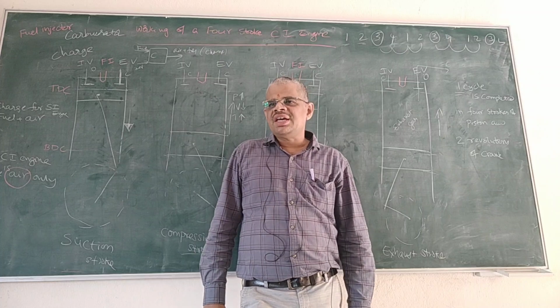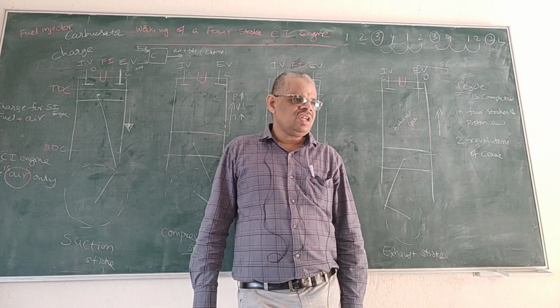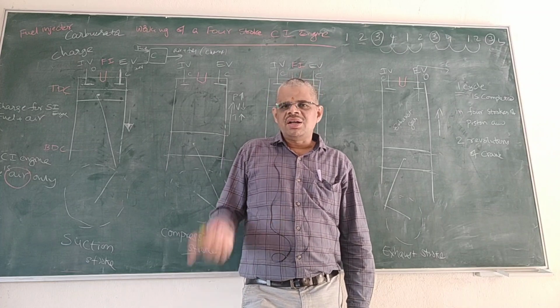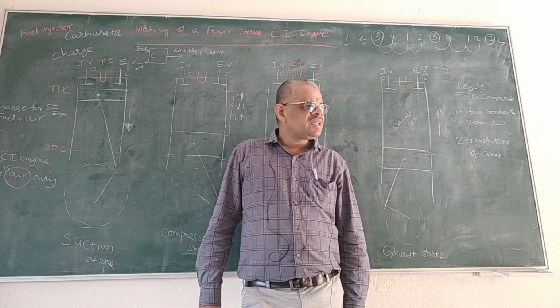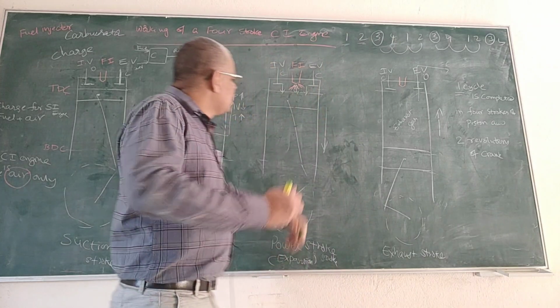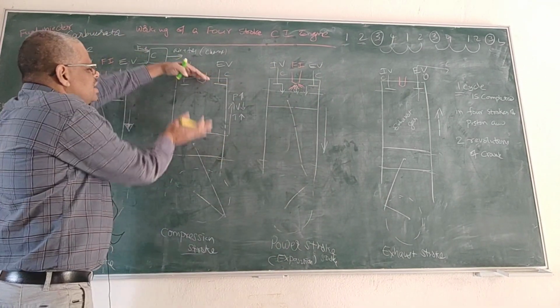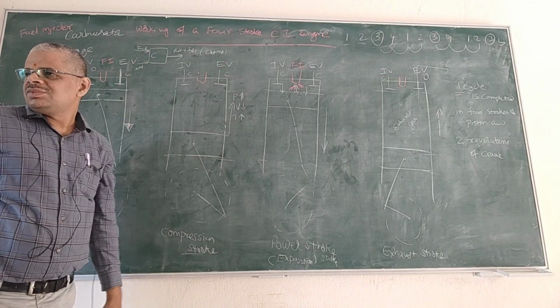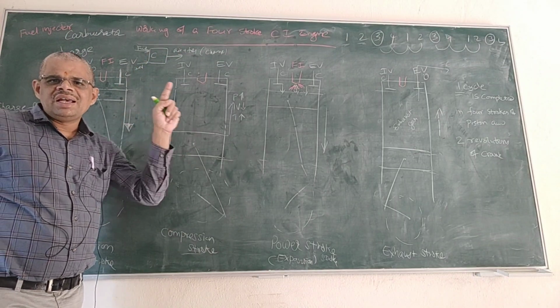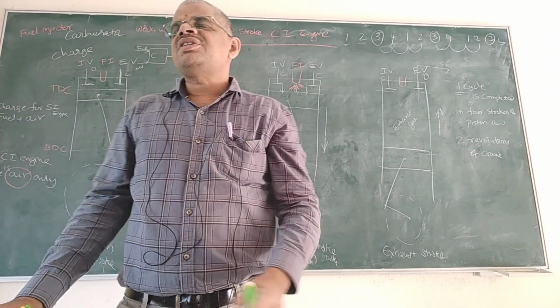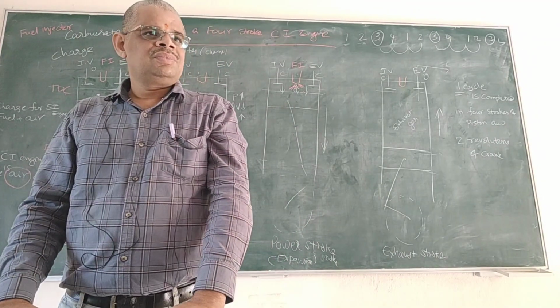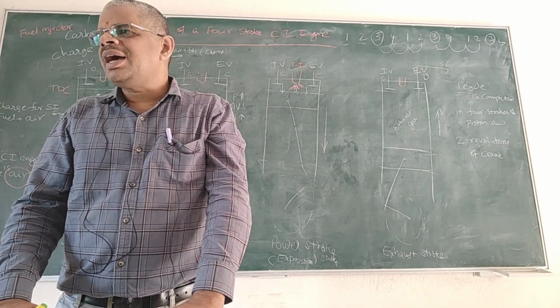And one more difference is there, that is compression ratio. What do you mean by compression ratio? I already told you in the last class. It is the ratio of total volume to the clearance volume. In case of CI engines, the compression ratios are very high compared to the SI engine.